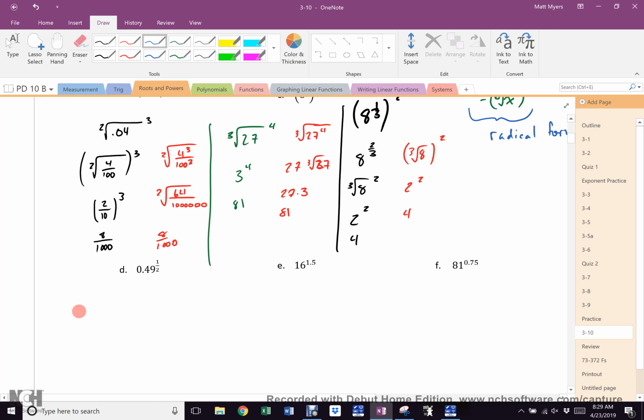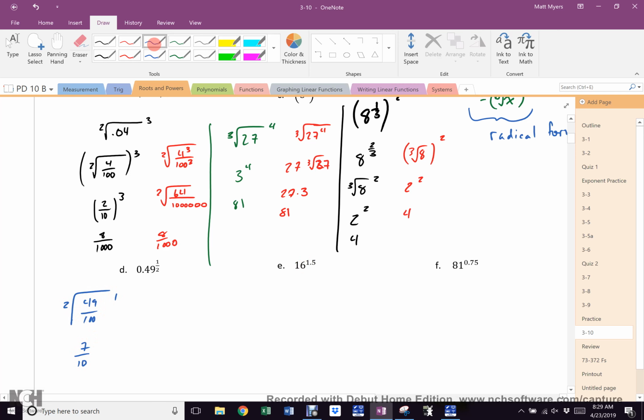Pardon me? 7/10? Yep. Because, of course, it's 49 over 100 square rooted to the first power, which is 7/10.